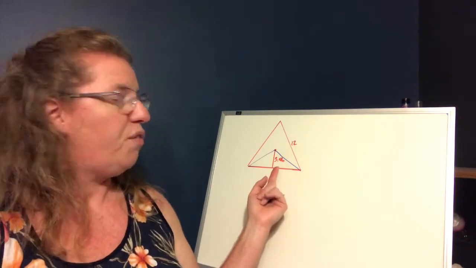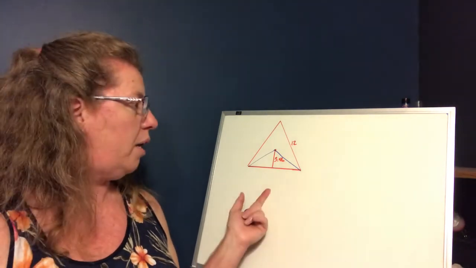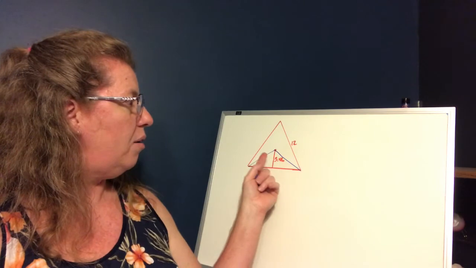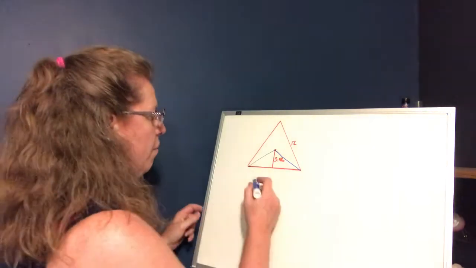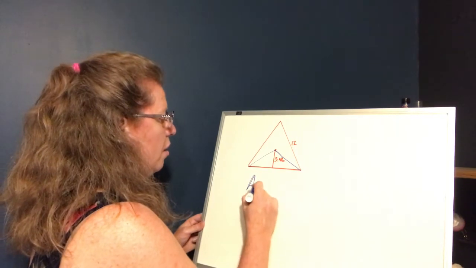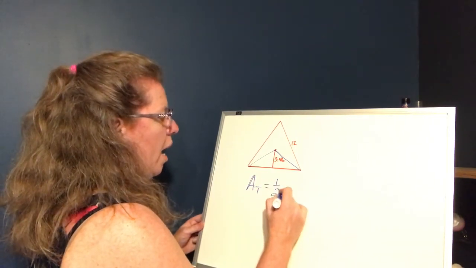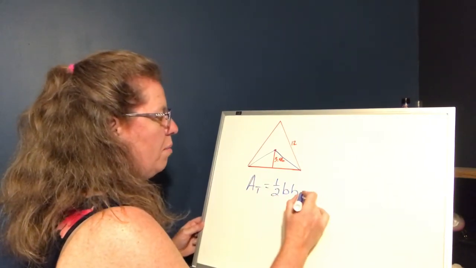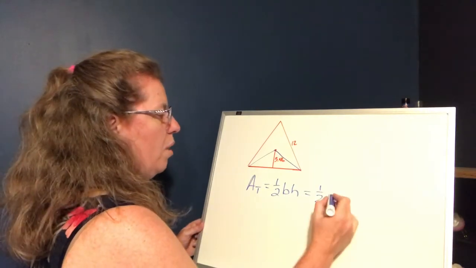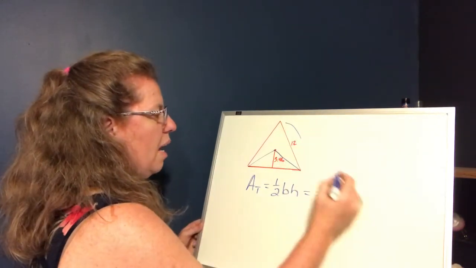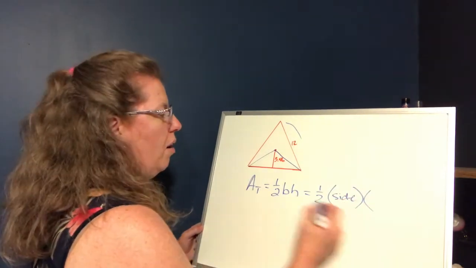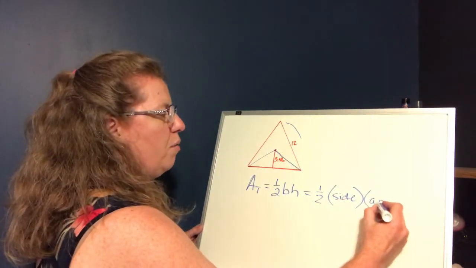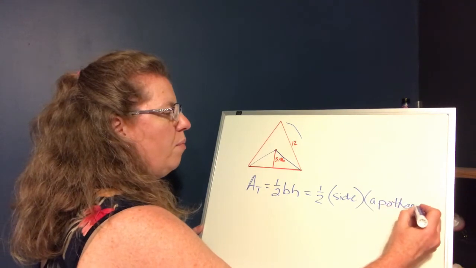So we know we're going to find the area of our triangle, and then at the end there's 1, 2, 3 sides, so 3 triangles is what we think of. The area of our triangle is 1/2 base times height. Remember, it's going to be 1/2, the base is the side, so we're going to do the side, and then our height is the apothem. I just want to write that out one more time.